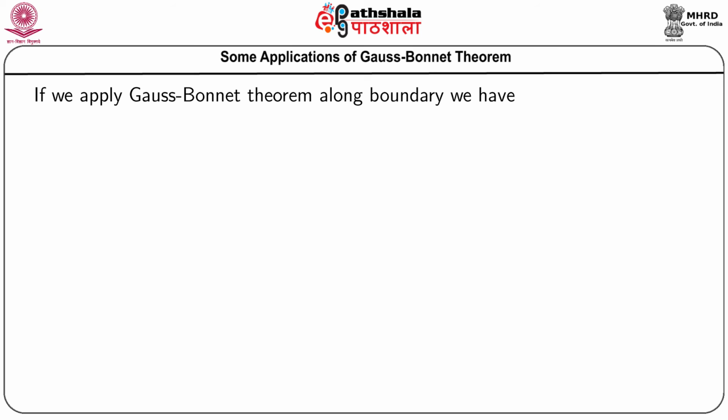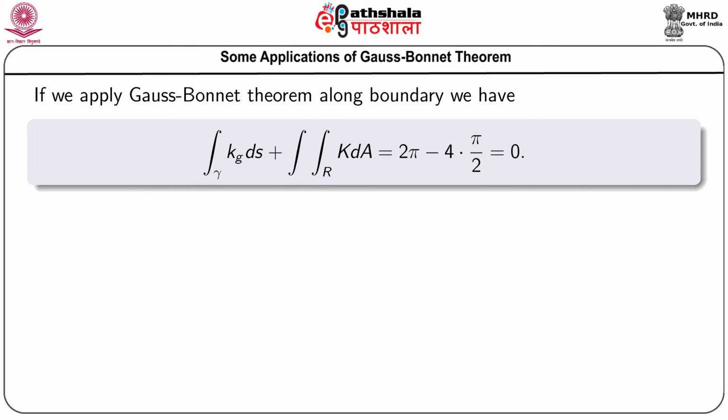Then if we apply Gauss-Bonnet theorem along the boundary, we have this one, because here the angles are making pi by 2. So, 4 angles are giving 4 into pi by 2. So, integration over gamma of kappa g ds plus double integration over R of k dA equals 2 pi minus 4 into pi by 2, that means it comes to 0.